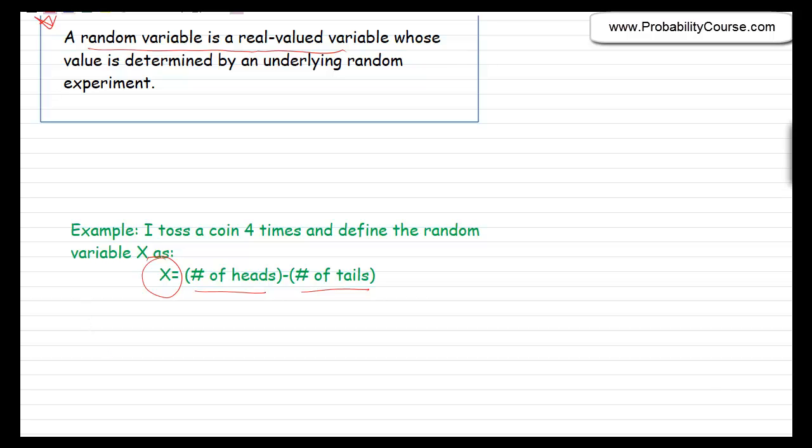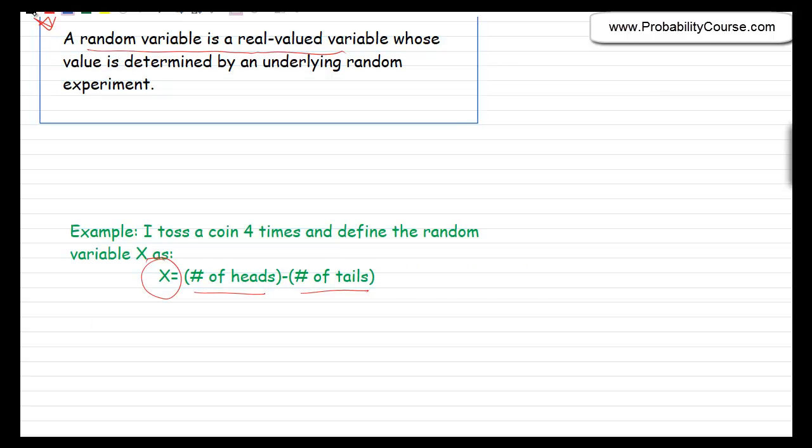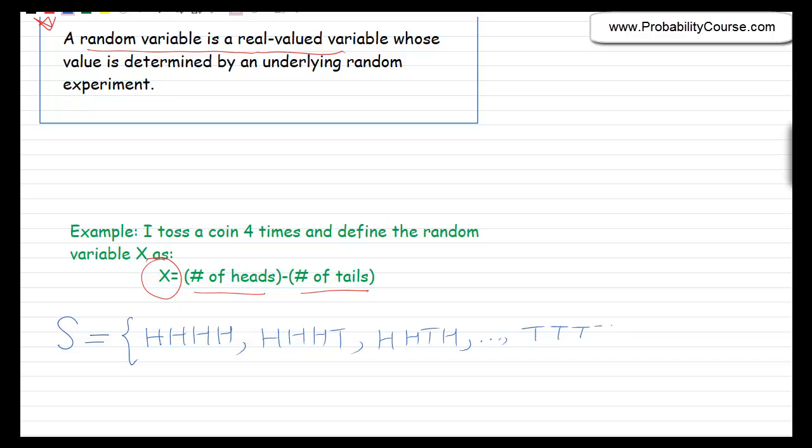If I want to look at this random experiment, here I have a sample space that consists of 16 outcomes. Heads, heads, heads, heads, that's one possible outcome. Heads, heads, heads, tails, heads, heads, tails, heads, and up to tails, tails, tails, tails, right? There are 16 possible outcomes if you list all the possible outcomes.